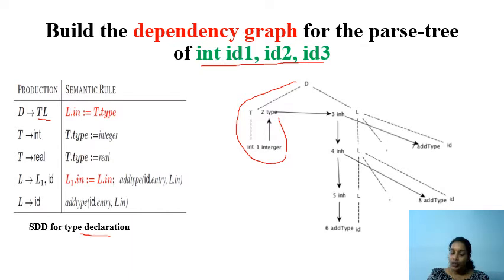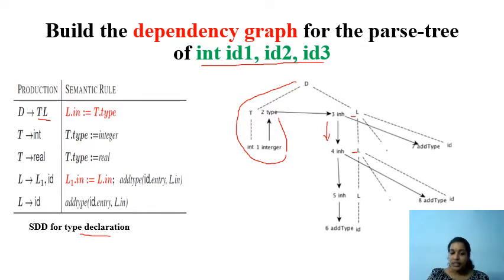So, which has to be evaluated first? T has to be evaluated first. Now, L gets the value int. Now, the dependency is between this L and this L. We can see the arrow here.